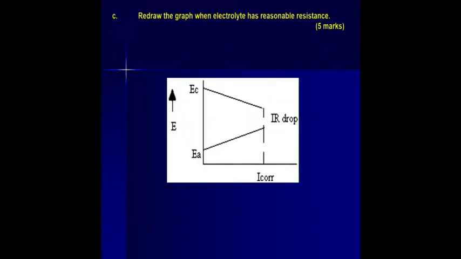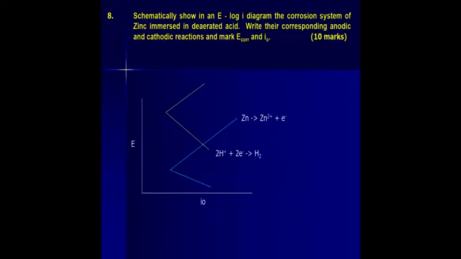Question number C, again from the lecture notes. Redraw the graph when electrolyte has a reasonable resistance. So they don't intersect, but it's an IR drop. And then you have to schematically show in a potential versus current diagram the corrosion system of zinc immersed in deaerated acid.